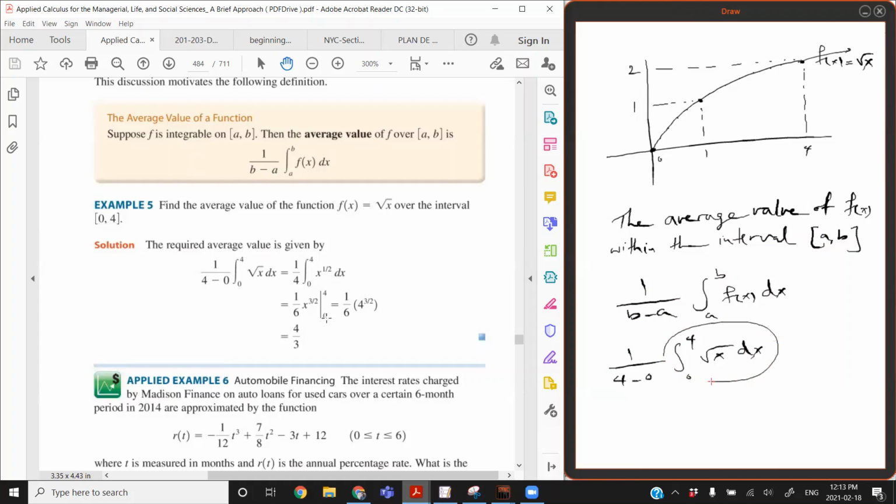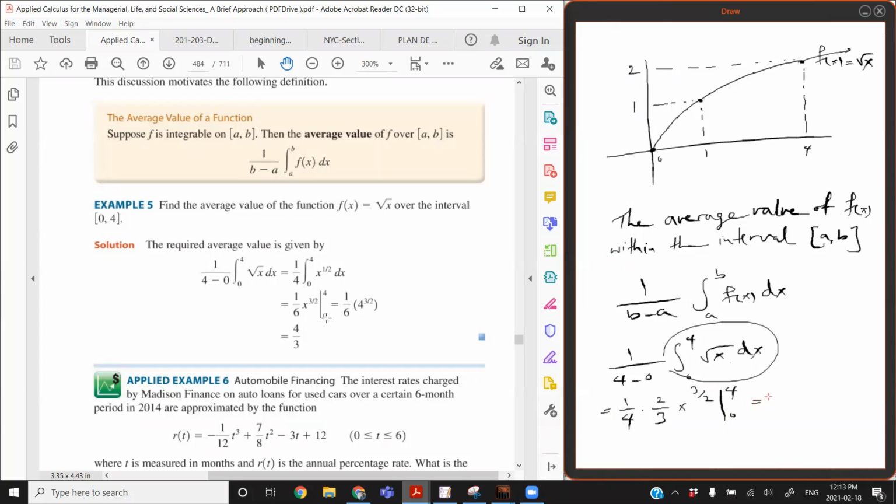And in order to calculate this, we don't have to use the Riemann sum because we know about the fundamental theorem of calculus. We can just use an antiderivative of this function. Here we have 1 over 4 times the antiderivative, which is 2 over 3 x to the power of 3 over 2. We have to calculate that at 0 and at 4 and subtract.